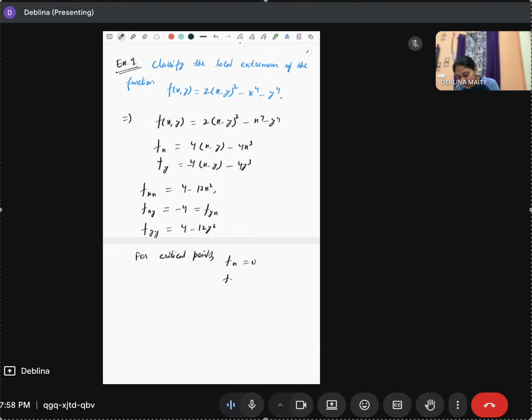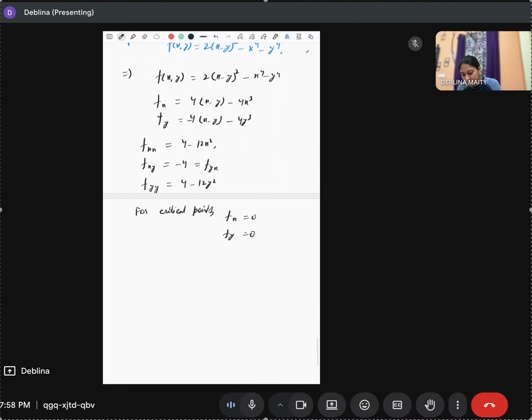fx is 0 and fy is 0, right? So this implies x minus y minus x cube is 0 and x minus y plus y cube is 0.